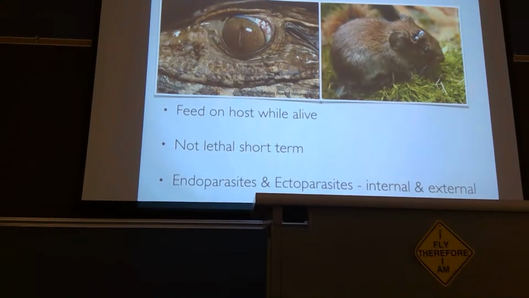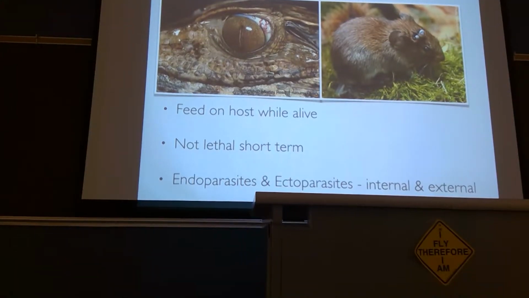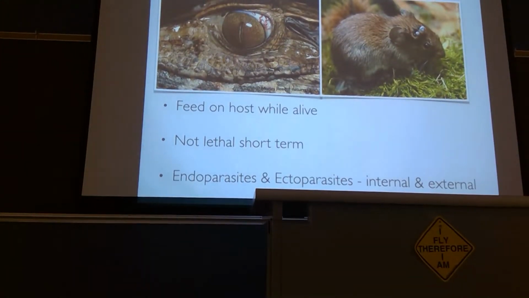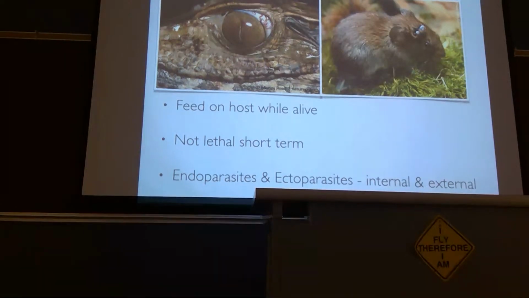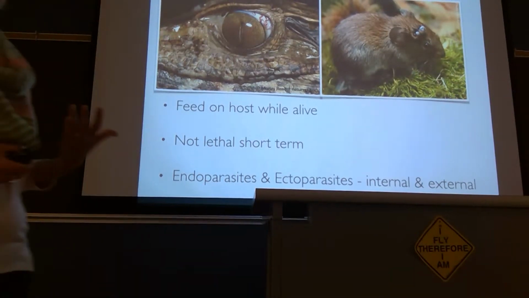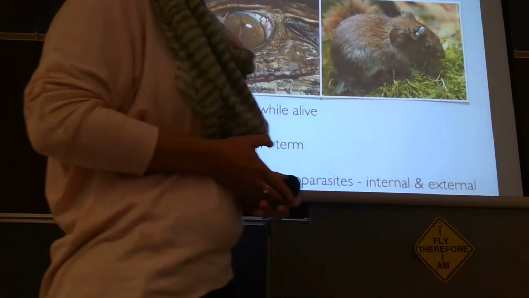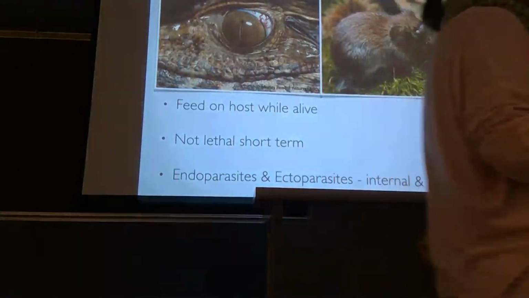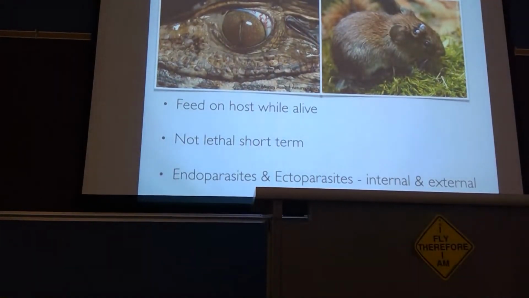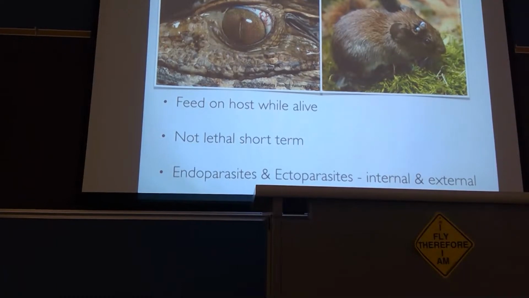All right, the third type of predator based upon their effect on prey are parasites. And parasites are interesting organisms because they feed on the host, but they don't immediately kill it. The host stays alive. And this creates all kinds of crazy, gross pictures. It makes a parasite lecture totally awesome.